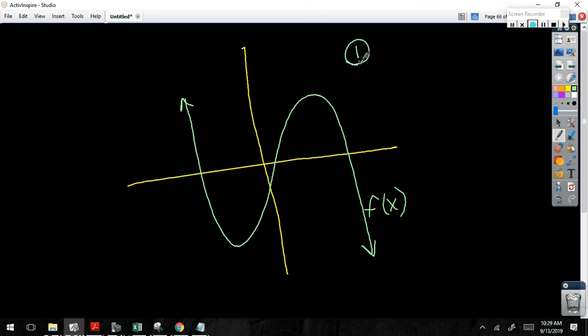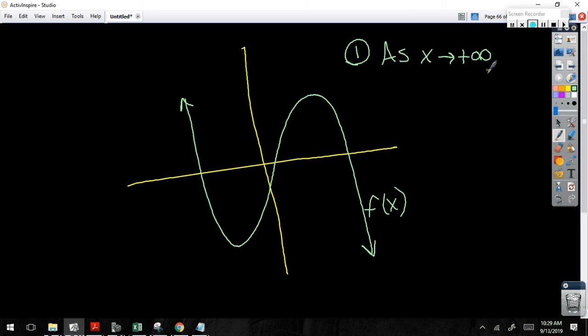As x approaches what? You can start with either one you want. We'll start with positive infinity, which means which side? The right. Where does x get bigger? To the right. So I'm looking at the right side, right?